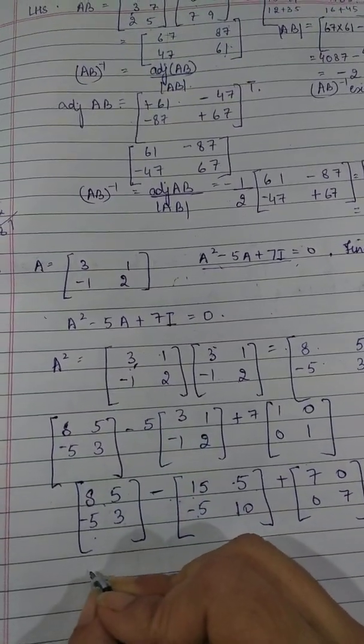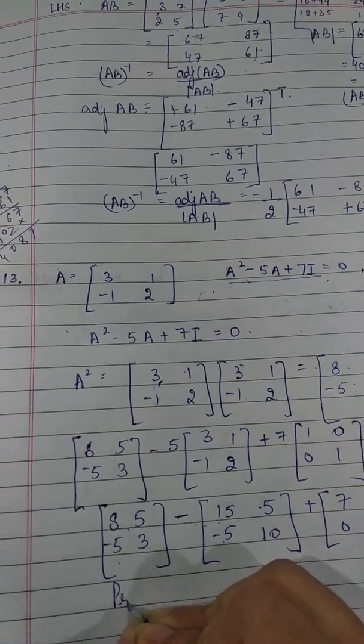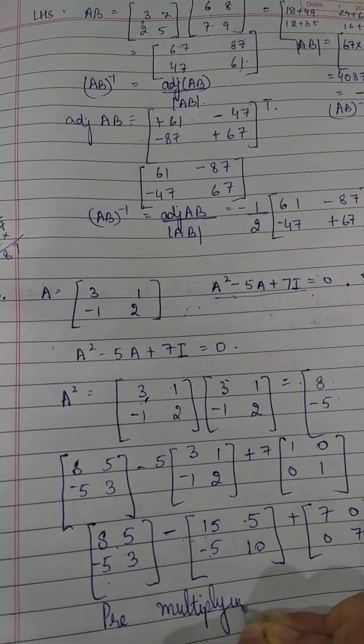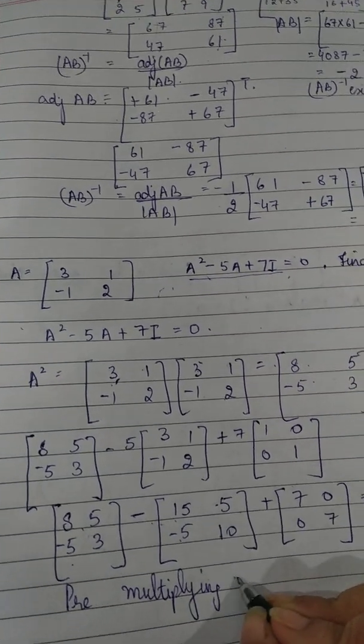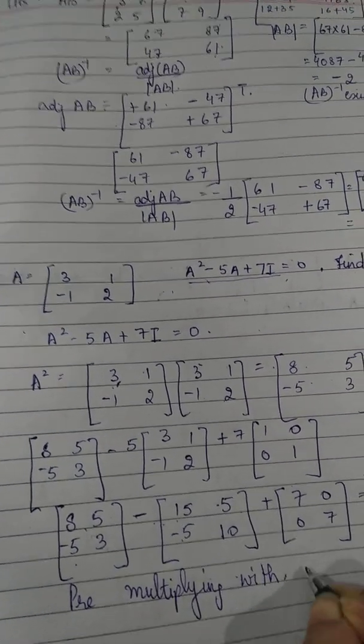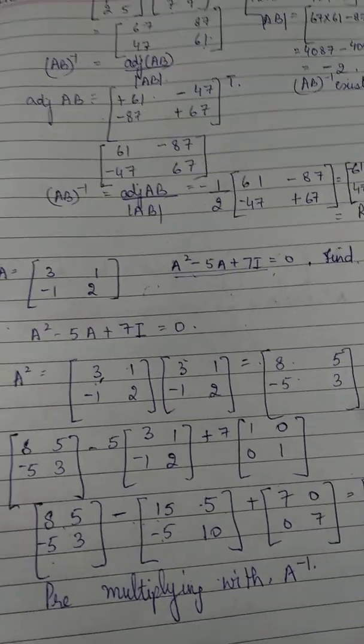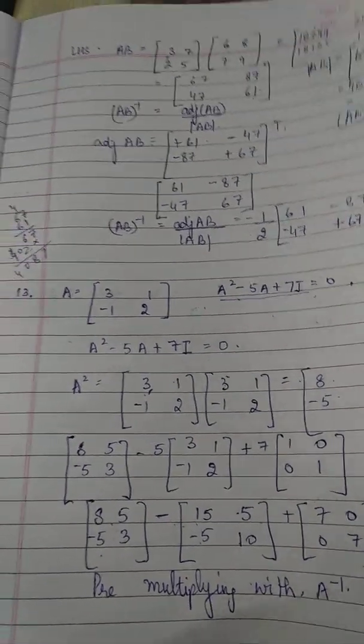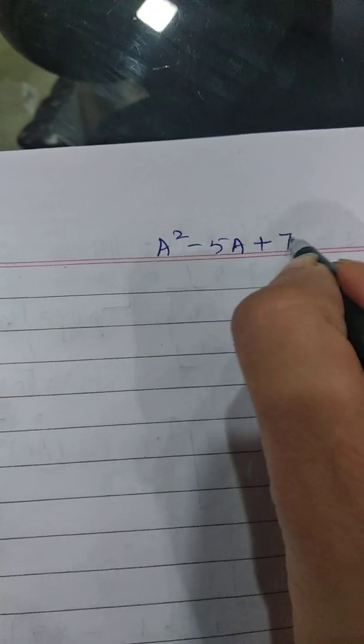So how do we find out the inverse? We'll be pre-multiplying the above equation with A inverse. So if we pre-multiply the equation with A inverse, our equation is A square minus 5A plus 7I is equal to 0.